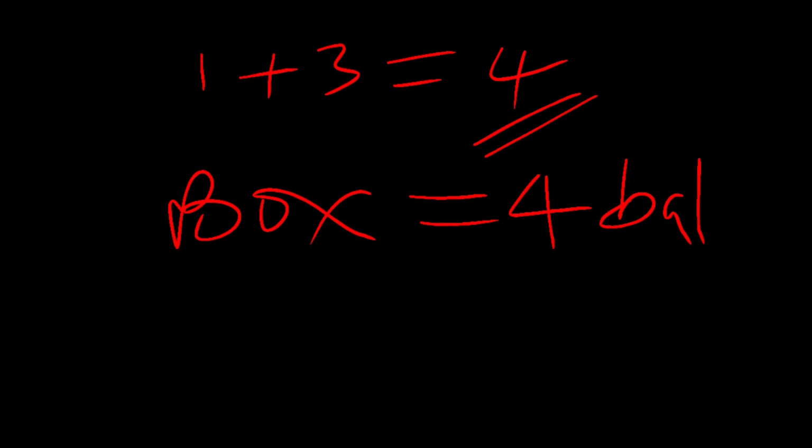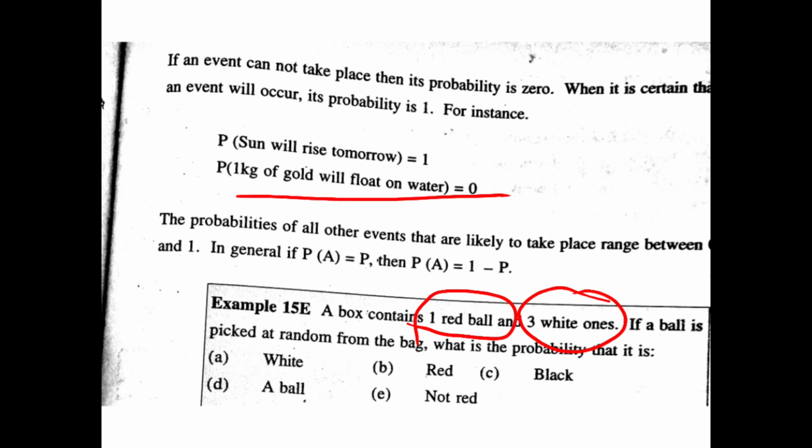So now, we know that there are 4 balls in that box, and out of the 4 balls, 1 is red and 3 are white. So what is the probability for A, that it's white when we pick at random? What is the probability that we'll pick a white ball?